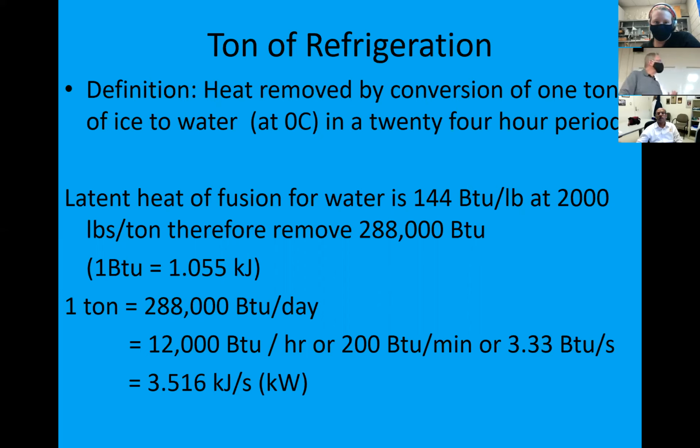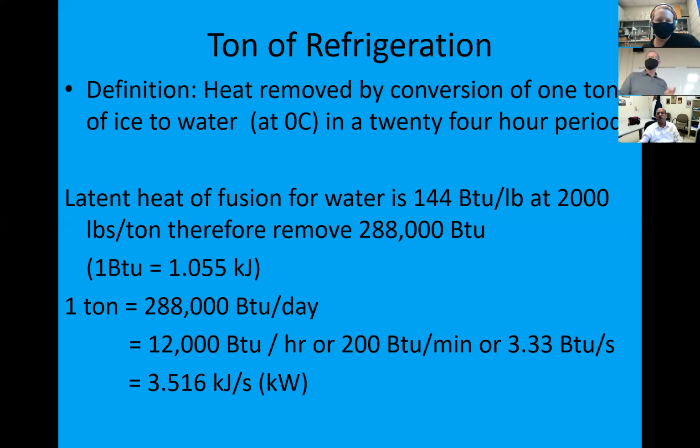So as the definition says, it's the heat removed by conversion of 1 ton of ice to water at 0 C. So basically what we're talking about here is the removal of heat that causes the heat of fusion to be lost from the ice so that it turns back to liquid.